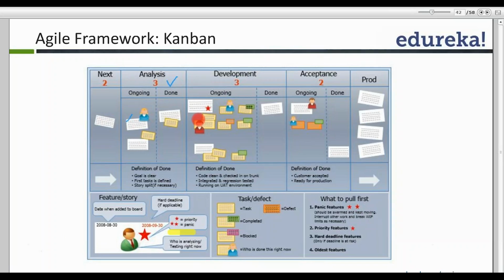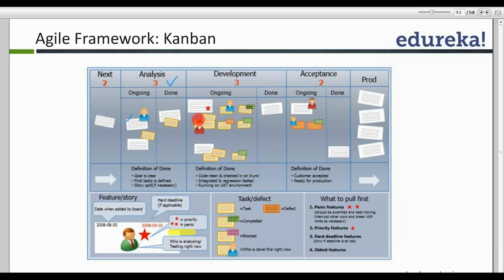Kanban derives its presence from manufacturing, and has been extensively used in manufacturing companies like Toyota. The team decides how much work they can pull in at any point in time.